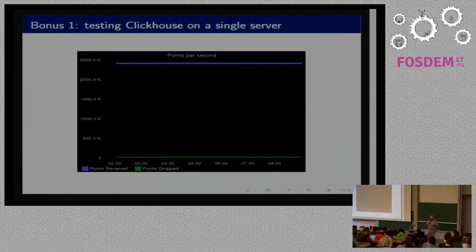At this moment I'm experimenting with ClickHouse, and I get something like 2.4 million data points per second on a single node machine in terms of storage, which is really nice. But well, there are a lot of different things to solve.